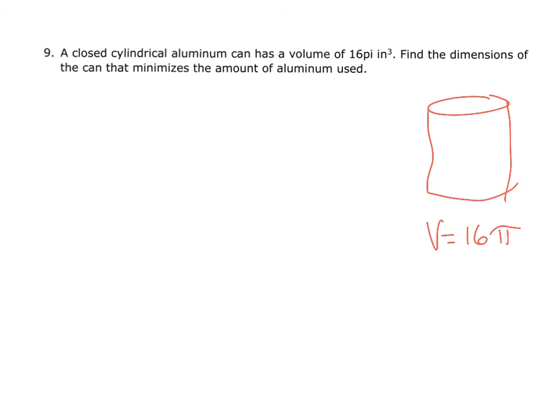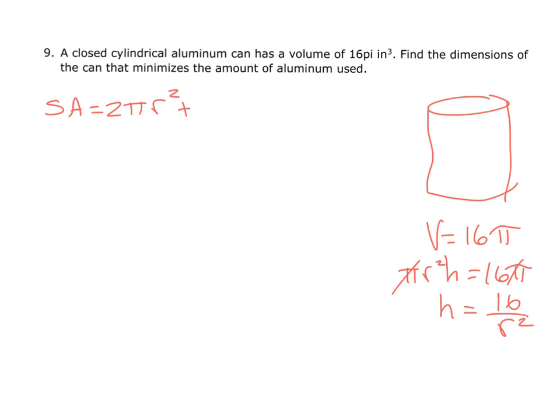So the volume of a cylinder is pi r squared h. So it's a lot easier to solve for h. Nicely, the pi's go away. So h is 16 over r squared. So we're talking surface area. Surface area, there's 2 circles. So 2 pi r squared. And then the distance around the cylinder, right?